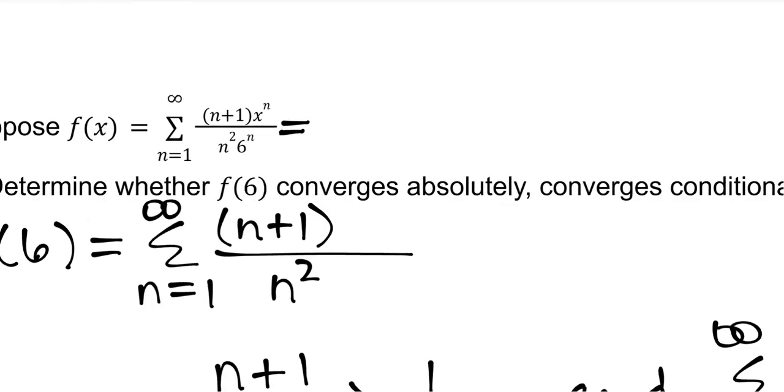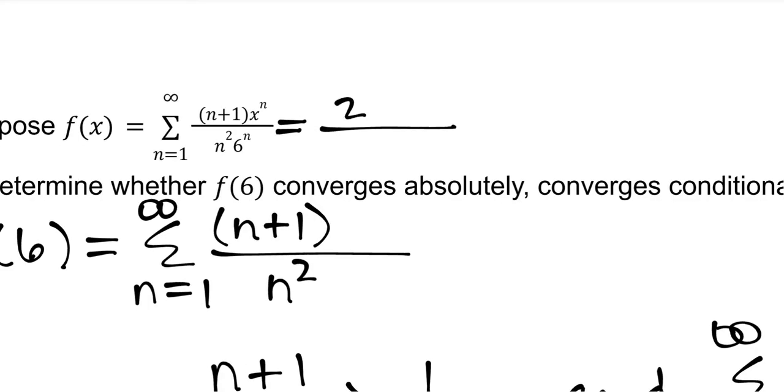So n equals 1 is 2 over 1 squared times 6 to the first, x to the first, plus n equals 2 is going to be 3 over 4 times 36, x squared.